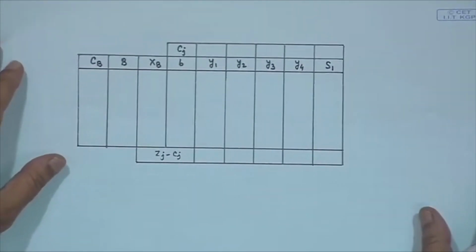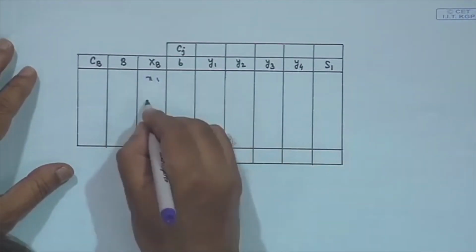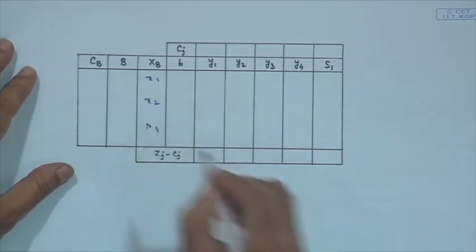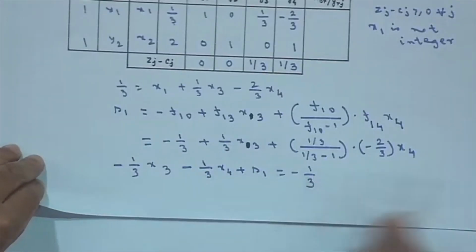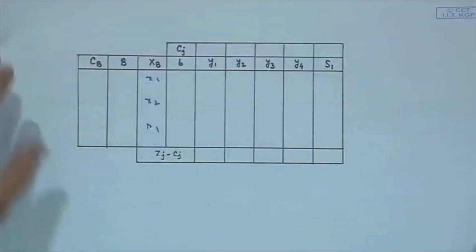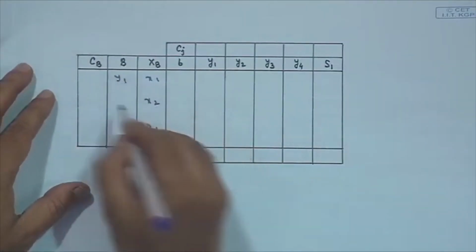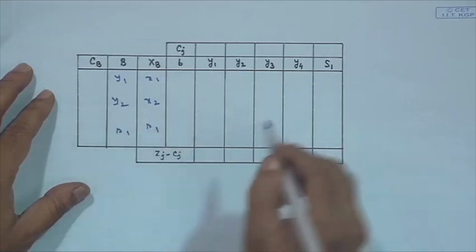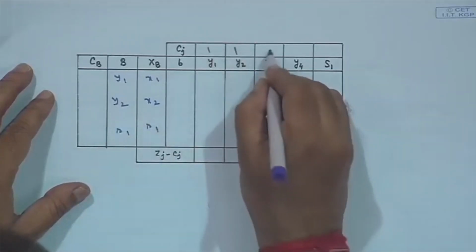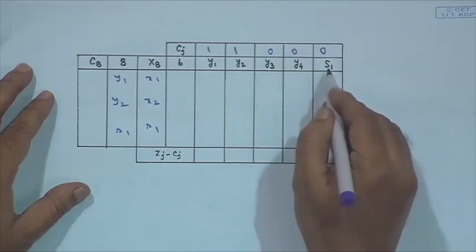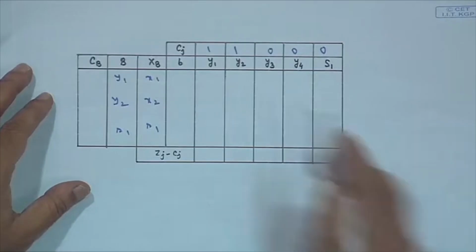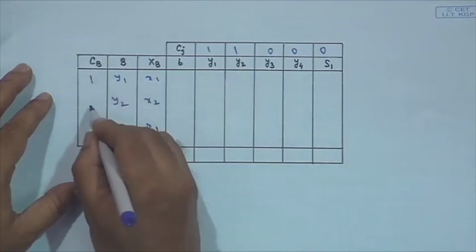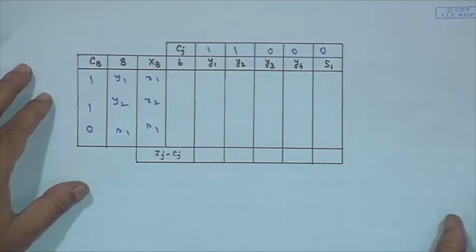So, in the basis you will have x1, x2 and S1, corresponding to this row which we are adding as the new Gomorian constraint. The Cj values are 1, 1, 0, 0, 0. The coefficient of slack variable S1 in the objective function is 0, so for x1, x2 it is 1, 1, and this is 0.